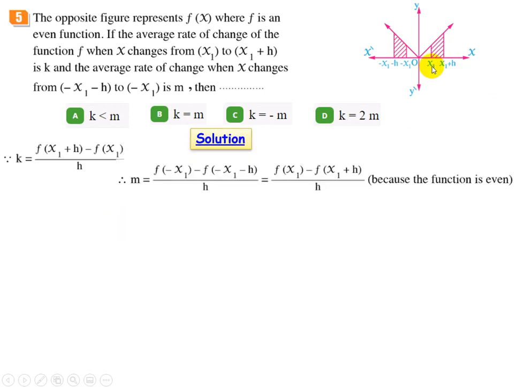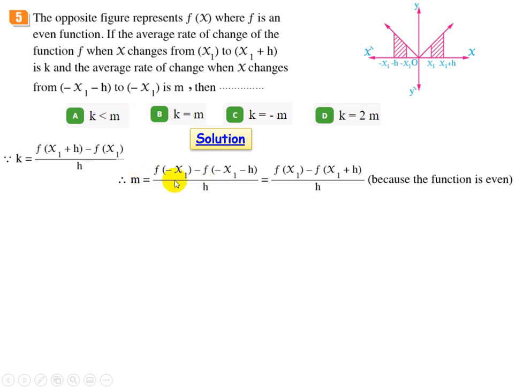Since the average rate of change from x1 to x1 plus h is k, so k equal f of x1 plus h minus f of x1 over h. M is f of negative x1 minus f of negative x1 minus h, over h.